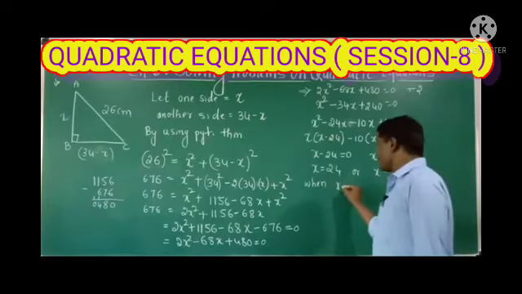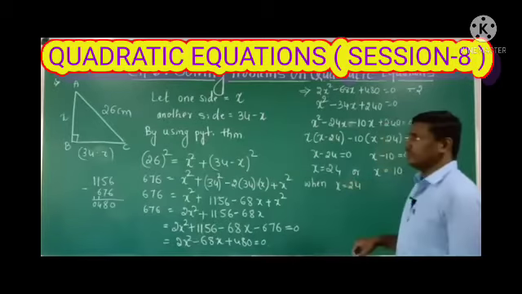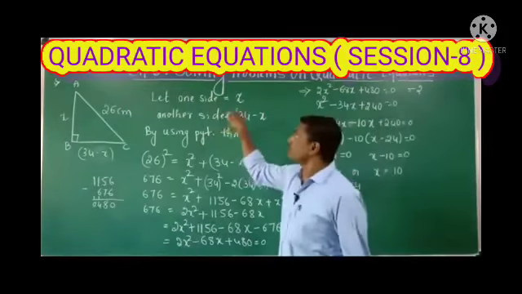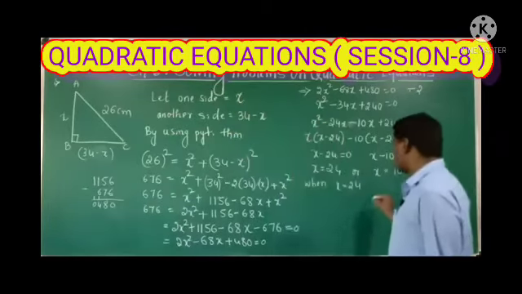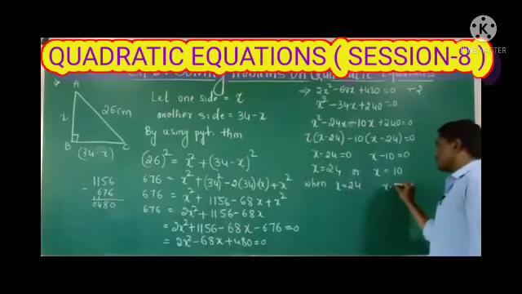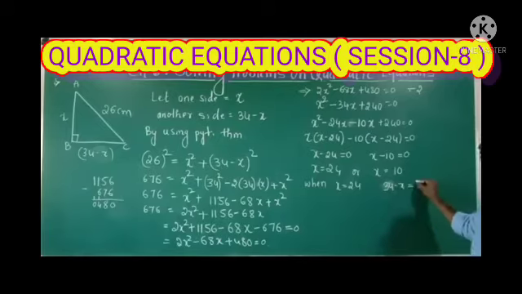When x is equal to 24, it means one side is 24, so what about the other side? 34 minus x, that is 34 minus 24, which is nothing but 10 centimeter.